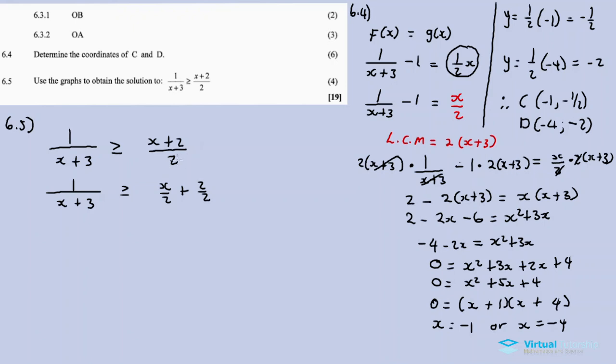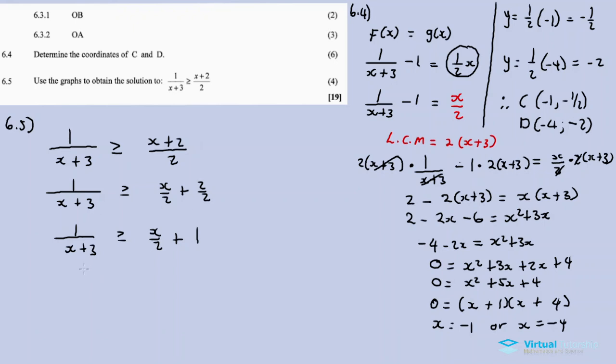You can take that term, the denominator, and divide each term in the numerator, which is what I did here. So x over 2 plus 2 over 2 is what? It's x over 2 plus 1.